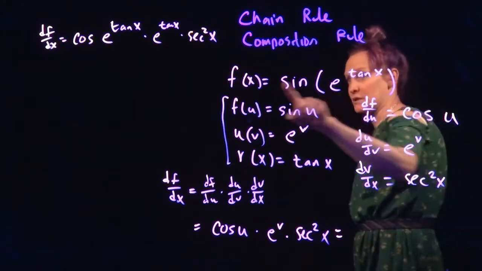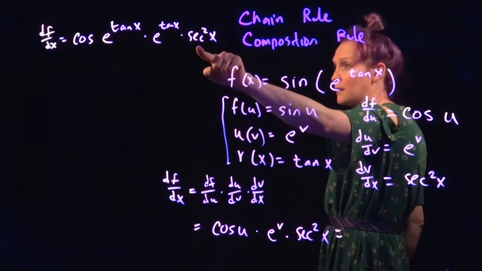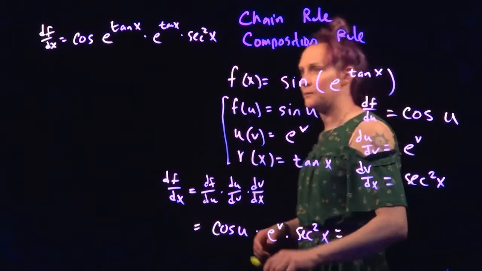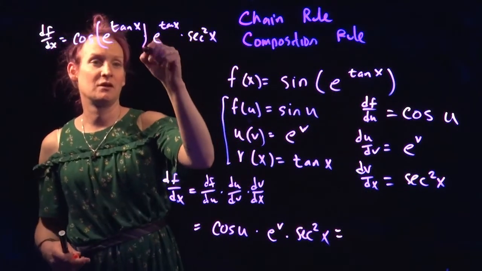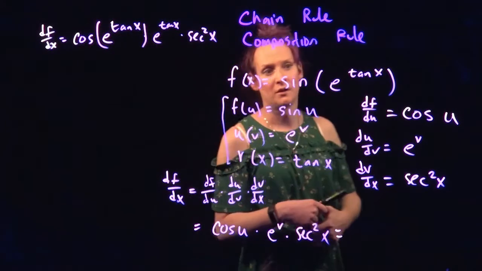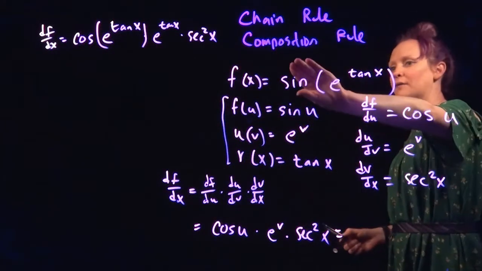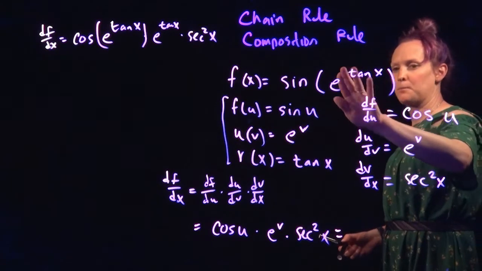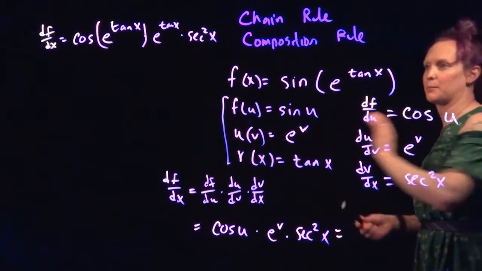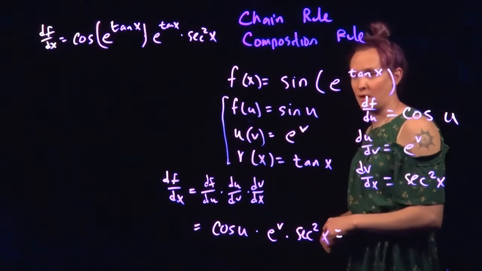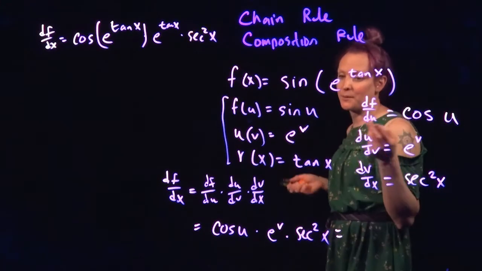The derivative of tangent is secant squared. So at every level of this composition of functions, I deal with one level at a time, and then the inside of that just stays the same. And I take the product of those things. And that's how I think about the chain rule.